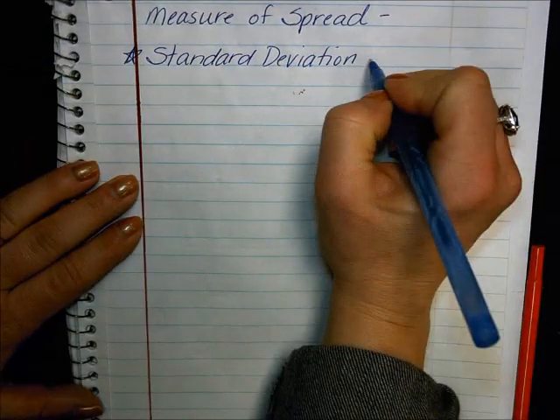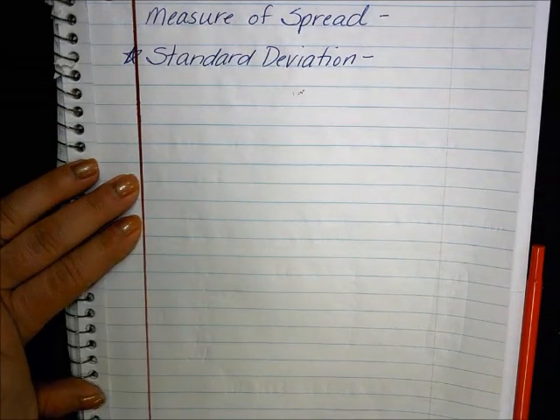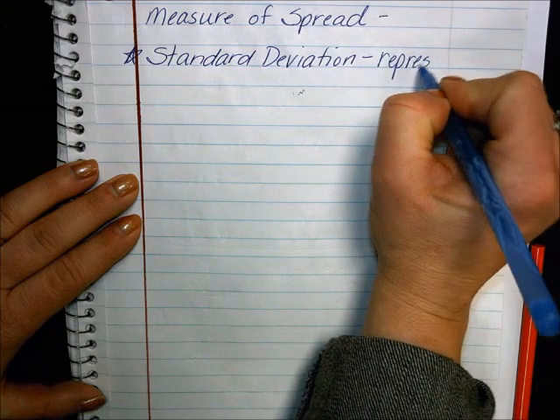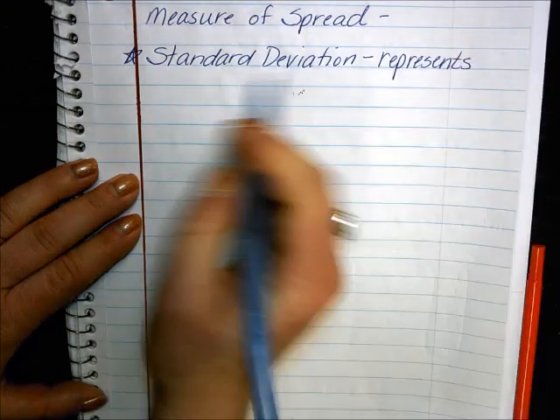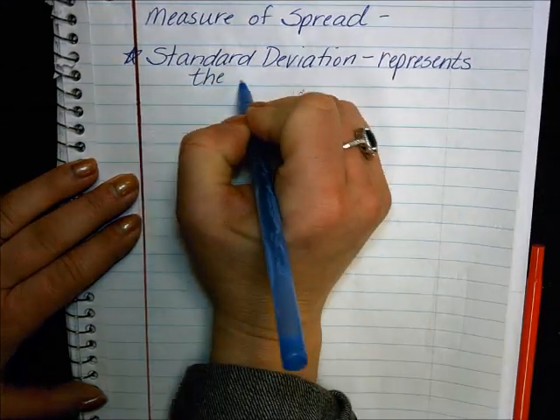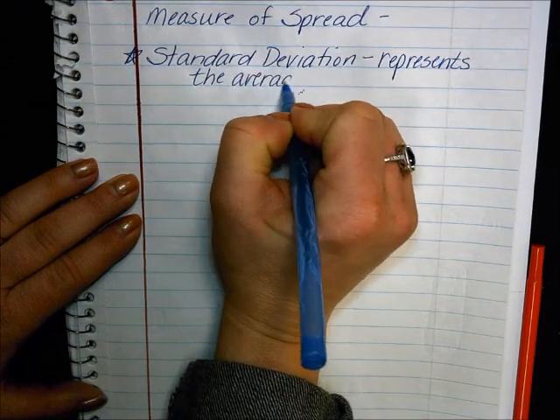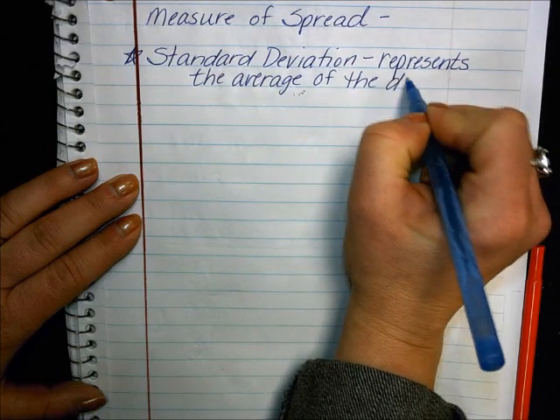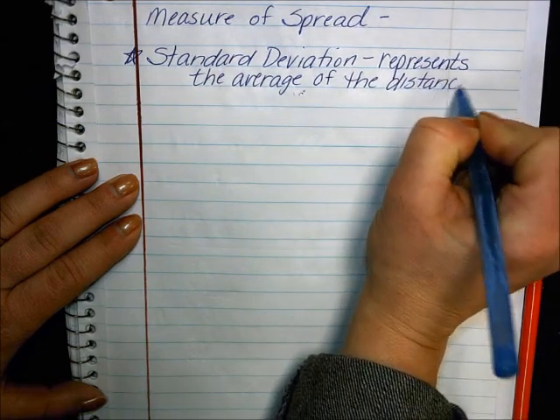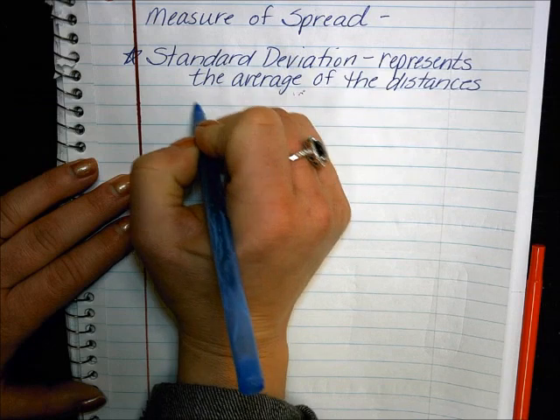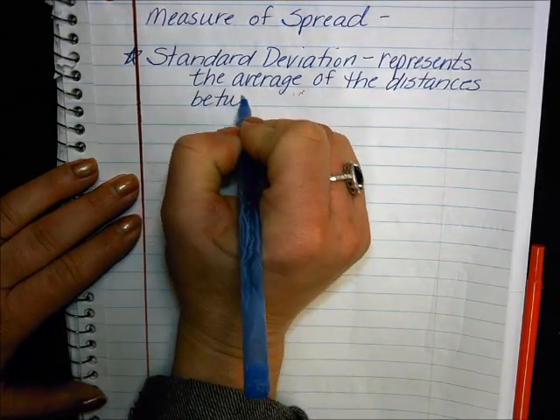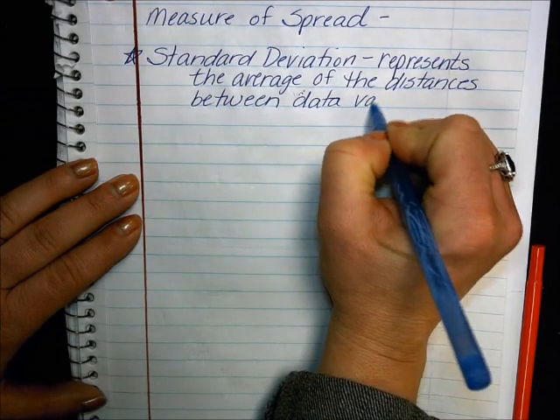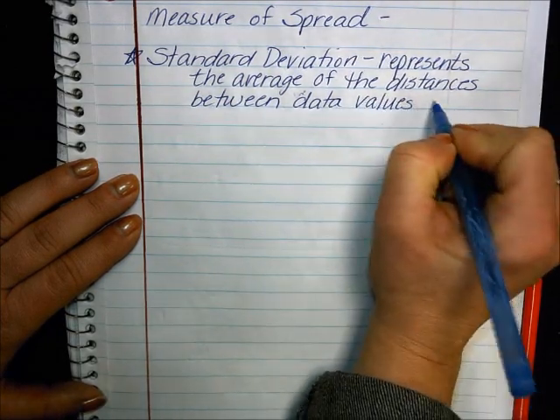Okay? The definition for standard deviation is that it represents the average of the distances between data values and the mean.